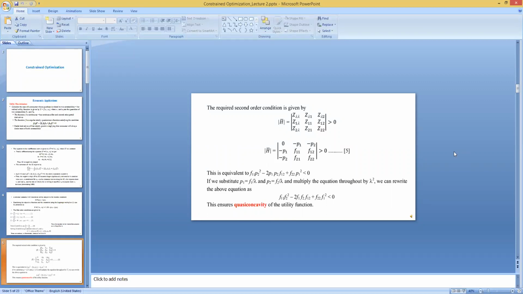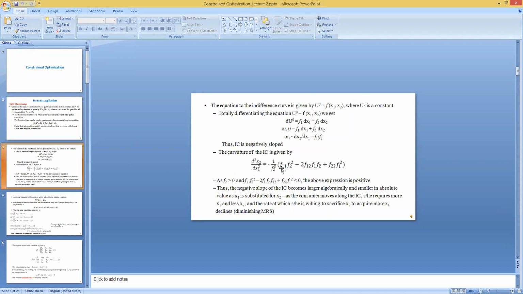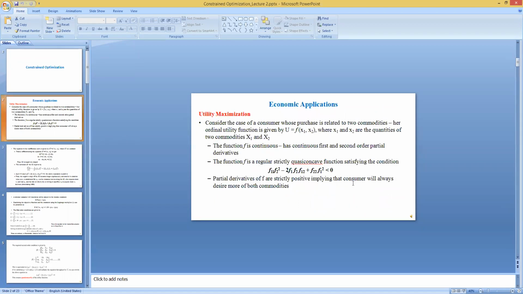Now, the strict quasi-concavity of the utility function, which we considered, is expressed as f11 p2 squared minus 2 p1 p2 f12 plus f22 p1 squared less than 0. This expression we need to be less than 0.